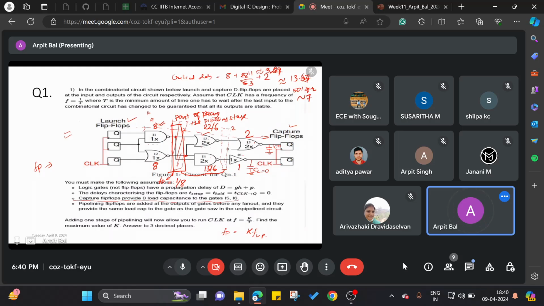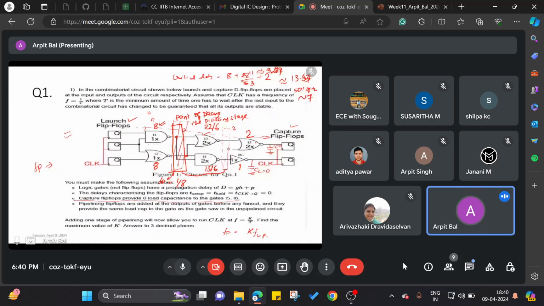Correct? And 22/6 is a number that is less than 8, right? Because of this, I still have to wait for the first pipeline to get completed, so my F pipeline is still going to be 1/8. It means I can't put the second pipeline stage at a frequency that is 6/22.